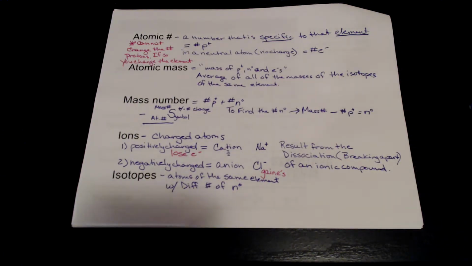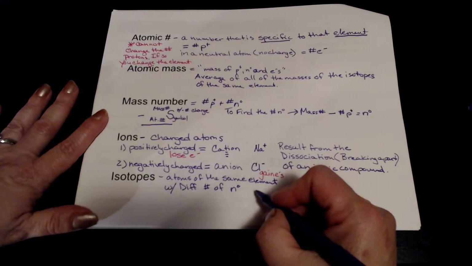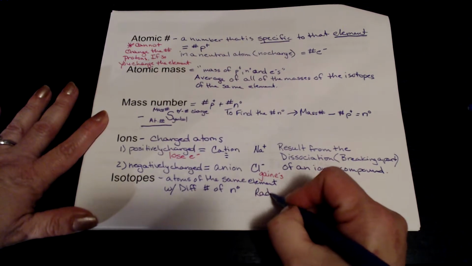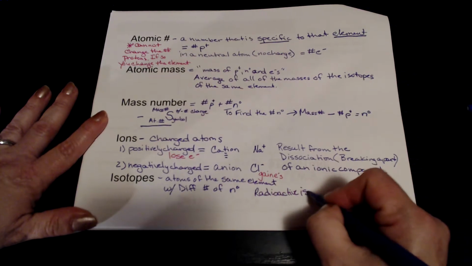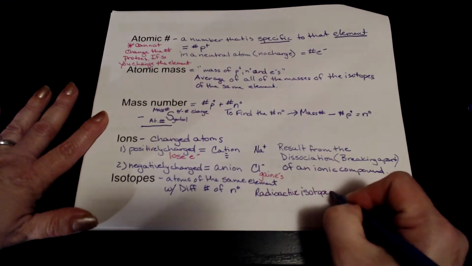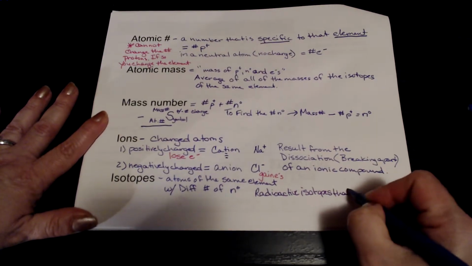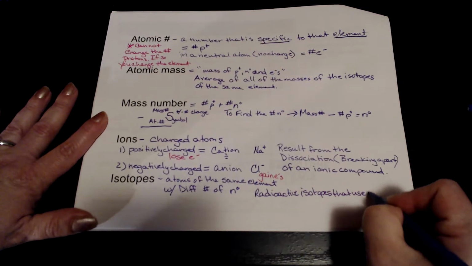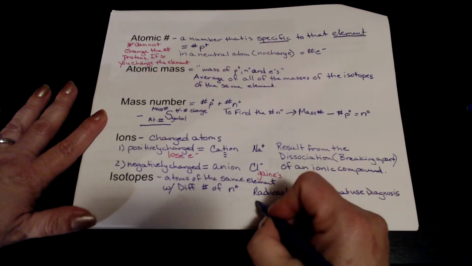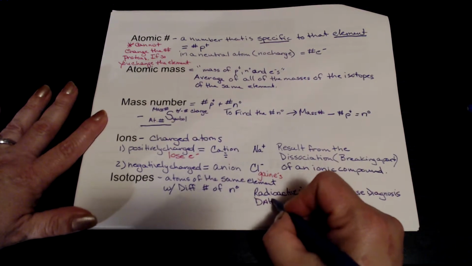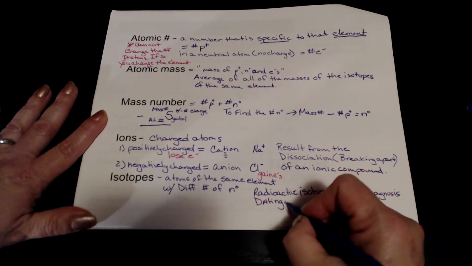So let's finish up isotopes. Most of the time when we're talking about isotopes, at least the ones that are helpful to us in biology, we're talking about radioactive isotopes that we use for diagnosis or dating organic material.